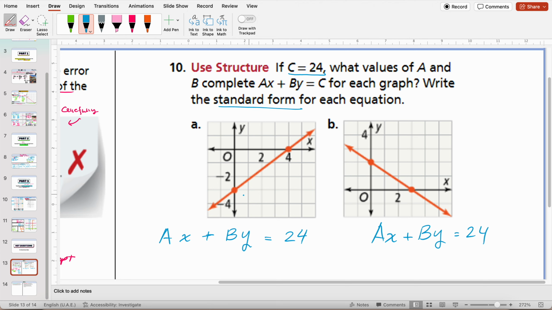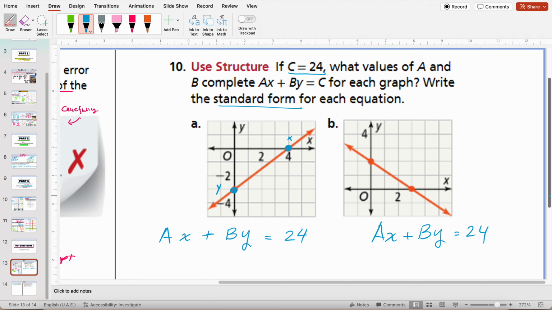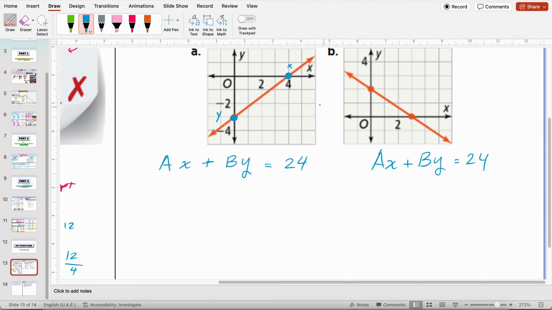So they gave me the graph. I can see the x-intercept and the y-intercept, but I cannot find a and b. I cannot say that a is 4 and b is negative 3. That's not true. I need to think about the x-intercept and y-intercept and how I can find a and b. So let's go with the steps slowly.